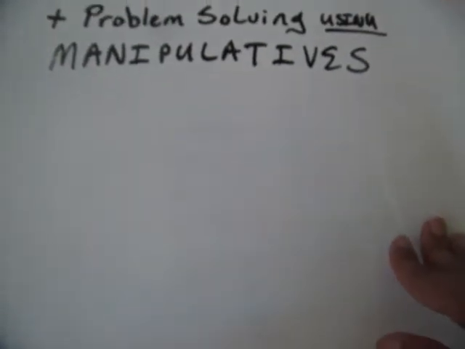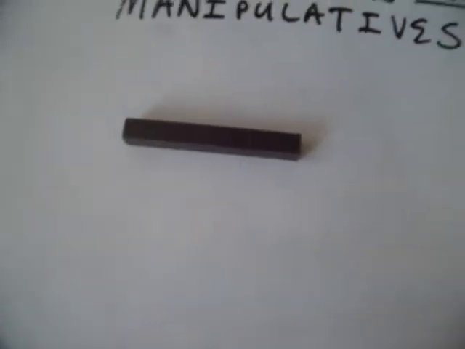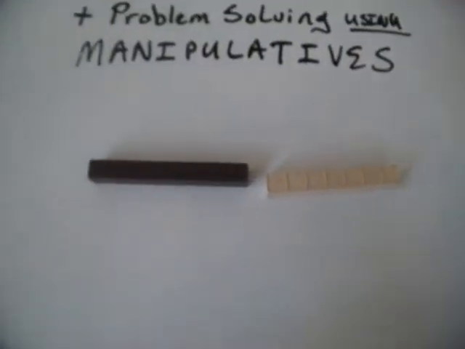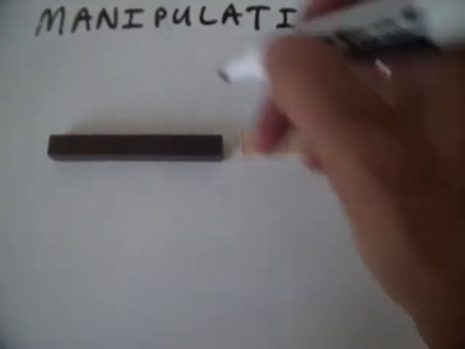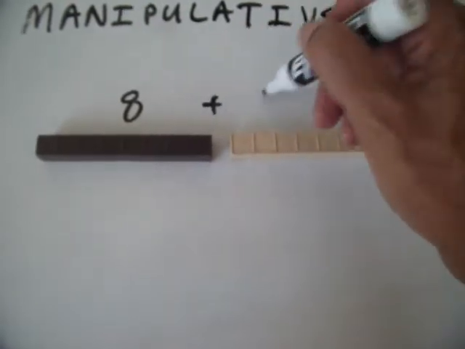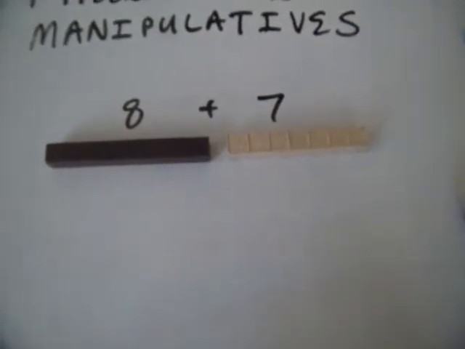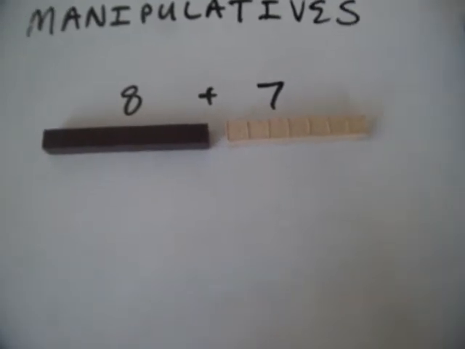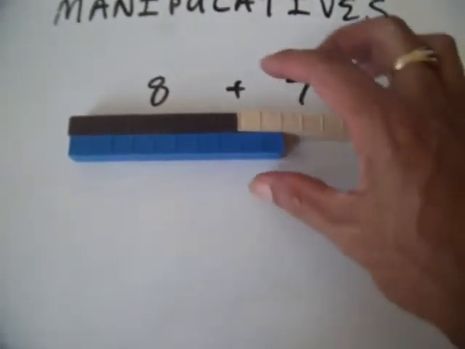Okay, so now let's say I have numbers that don't add up nicely to 10. Because 8 and 2, well, that's easy, 8 and 2 is 10. That's simple. But what if I had 8 and 7? See, when you first work with kids, just play with the manipulatives. They don't need the symbols. 8 and 7, how much is that? Well, I can look at this either way. Using my slider bar here, 8 takes the 2, see the 2?